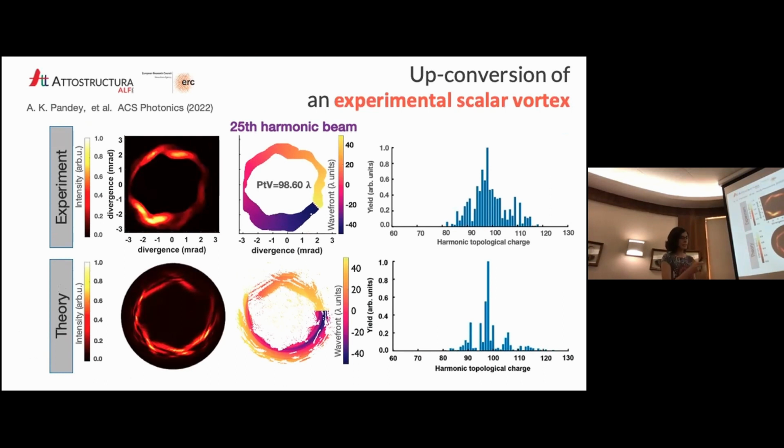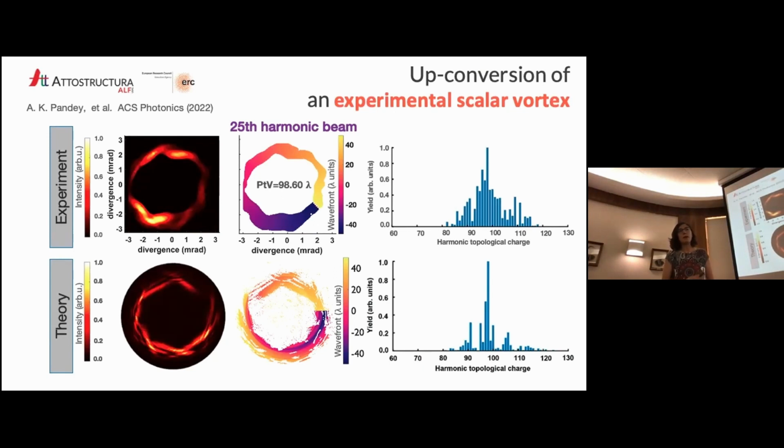But just let me comment more about these bar plots from the azimuthal Fourier transform, because this gives us an idea about the purity of the beam, but it may not be the perfect measurement of the variation of the phase. Because when we do the azimuthal Fourier transform, we are calculating the variation of the phase assuming a perfect cylindrical symmetry that is not present in an experimental beam.